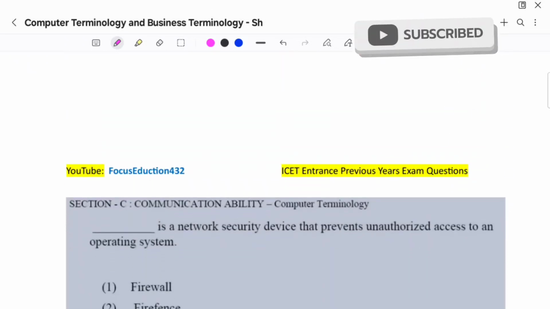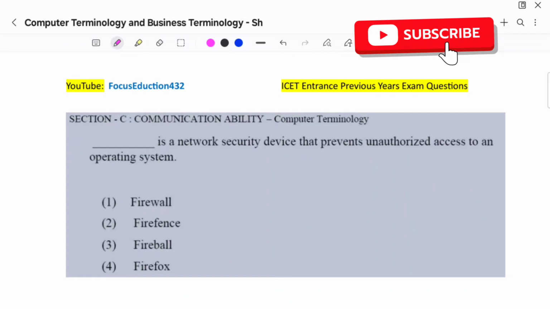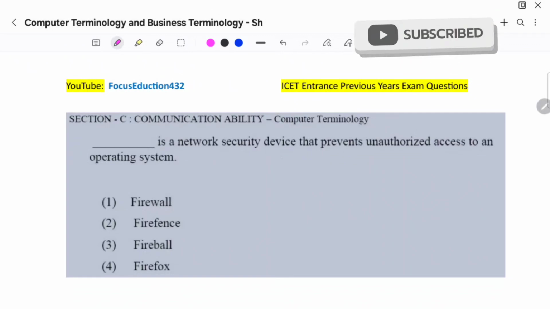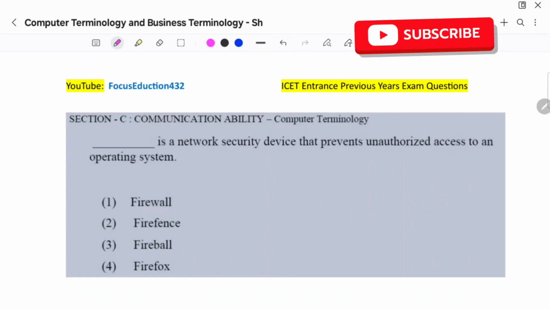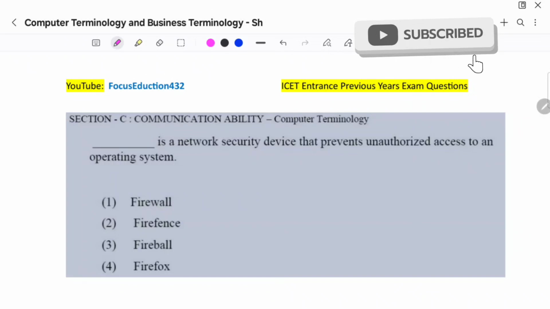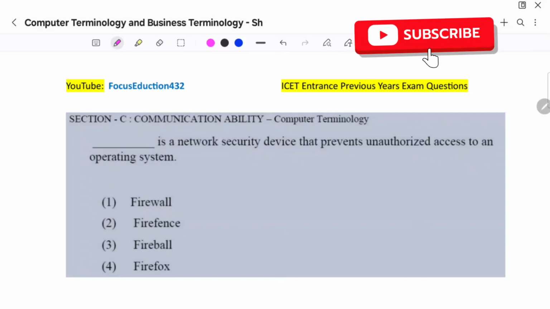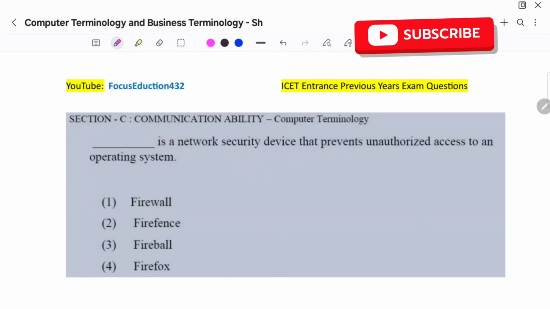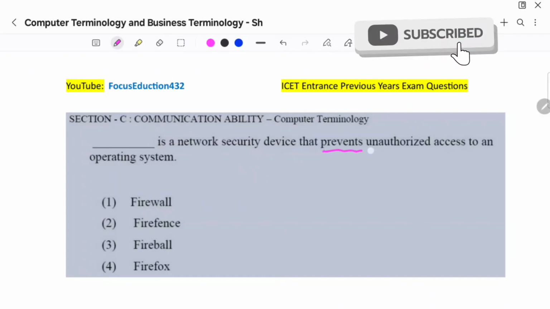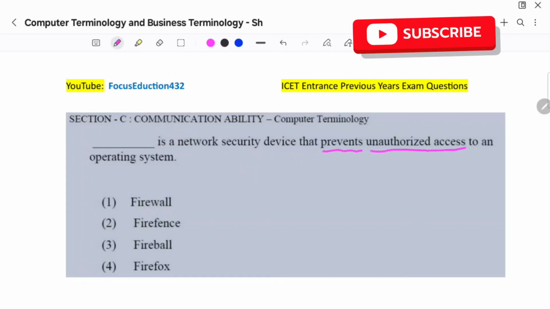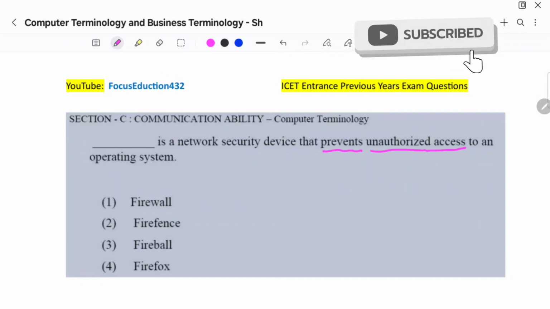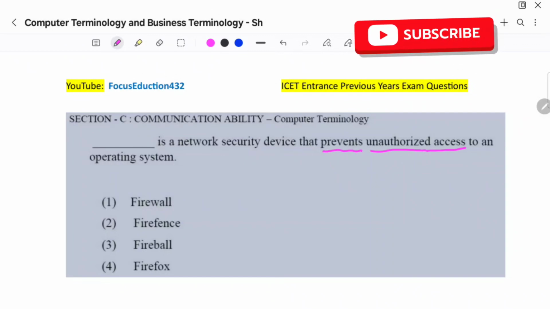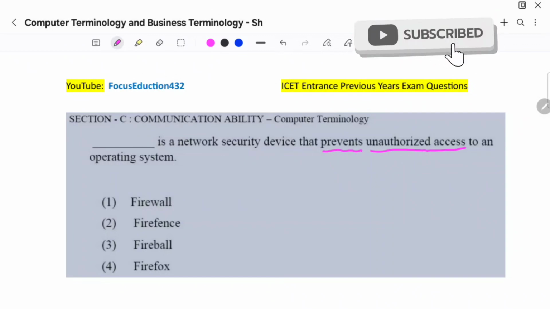Now next question. Computer terminology questions are somewhat easy here. Dash is a network security device that prevents unauthorized access to an operating system. Those who do not have proper login credentials, that is proper username and password, should not be able to log in.